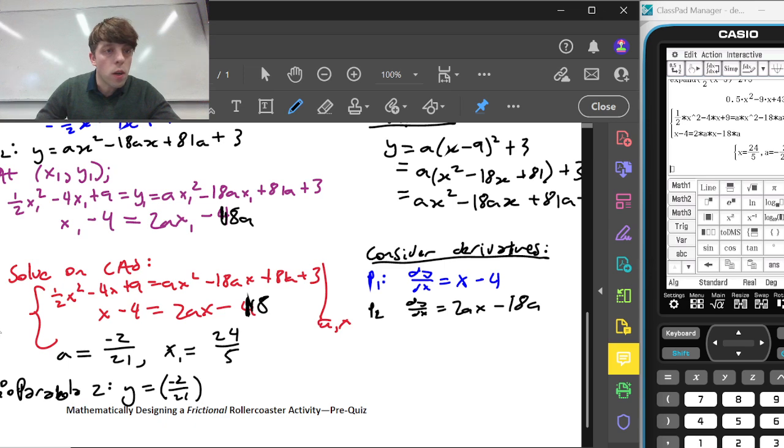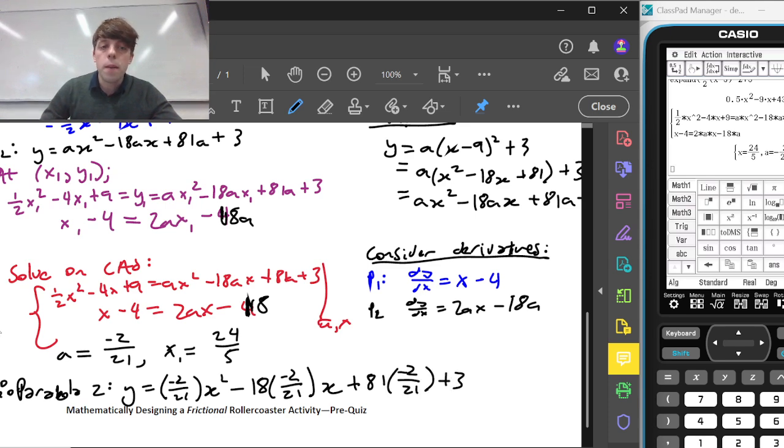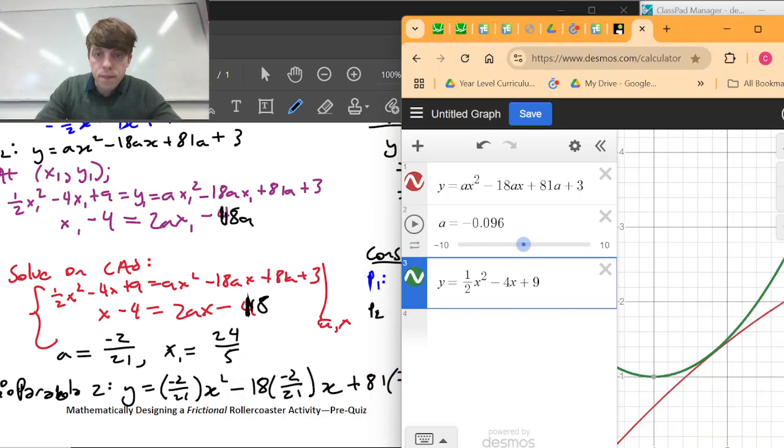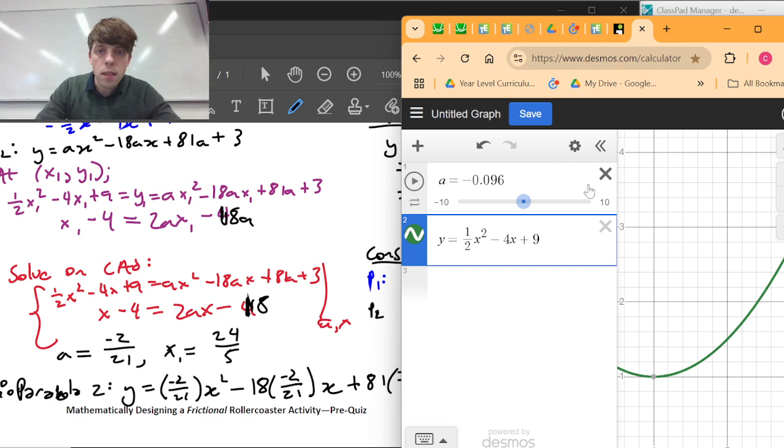So negative 2 over 21 x squared minus 18 times negative 2 over 21 x plus 81 times negative 2 over 21 plus 3. You can simplify that down and you'll see what the equation is equal to. And then to figure out the value of y, we just need to plug it into each of those two equations.